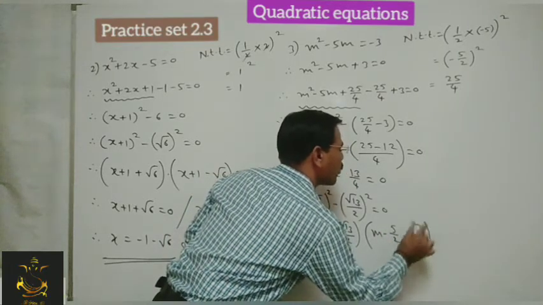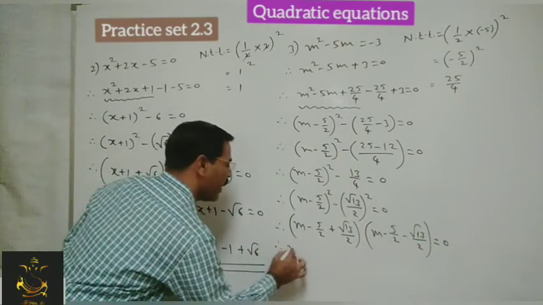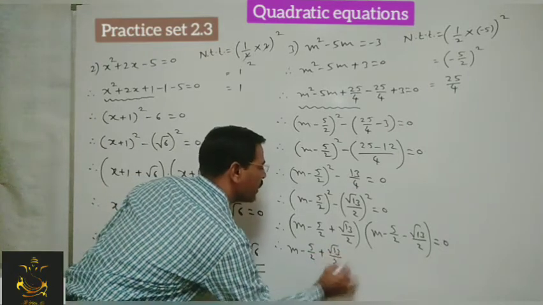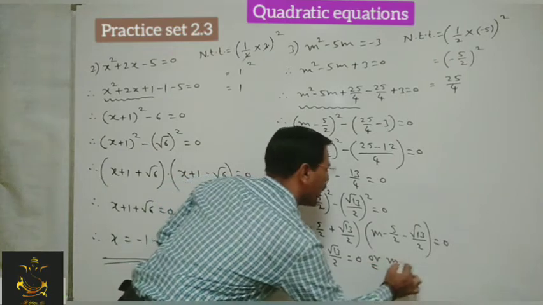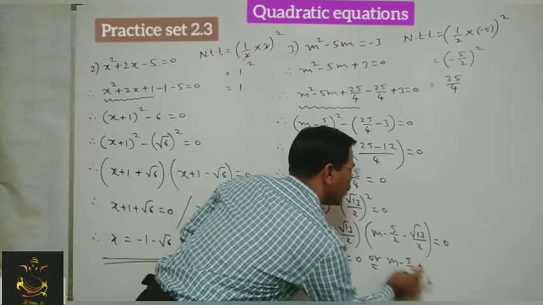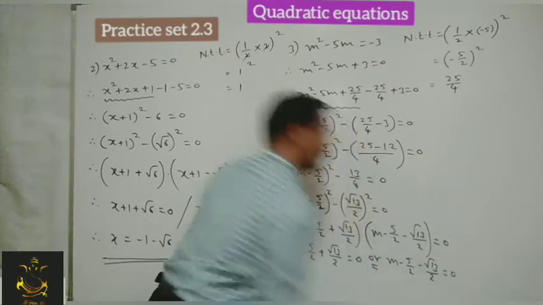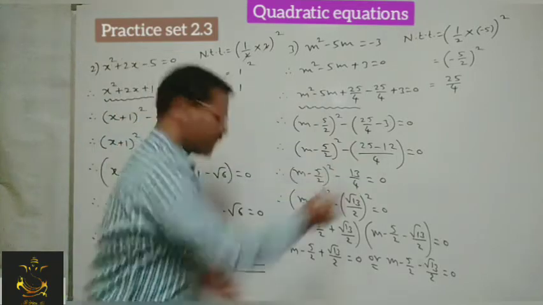Friends, just give concentration here. What can we write here now? m minus 5 by 2 plus root 13 by 2 is equal to 0, or m minus 5 by 2 minus root 13 by 2 is equal to 0. Now just keep all the constant terms to one side.